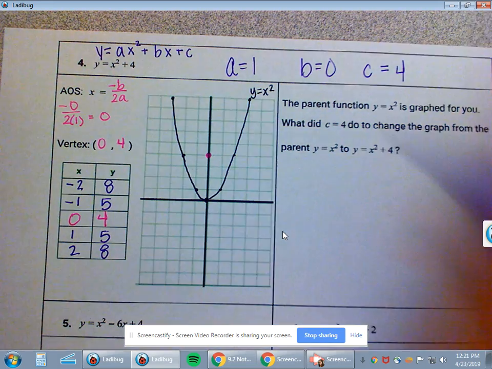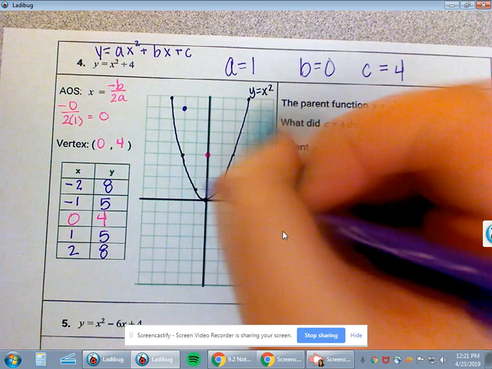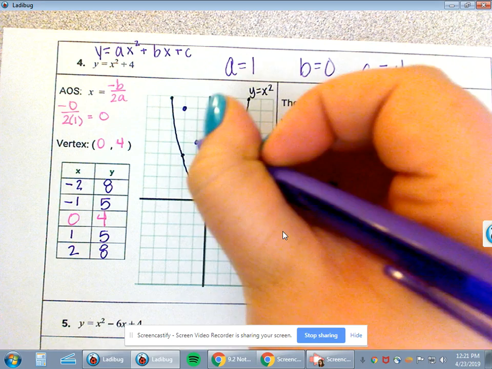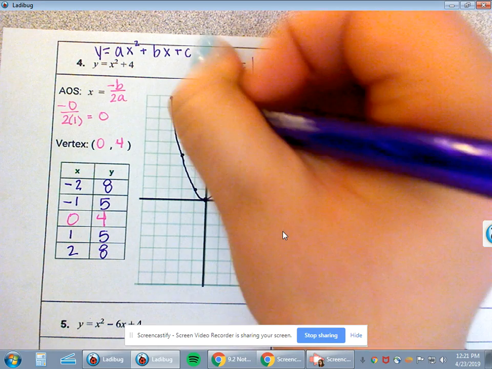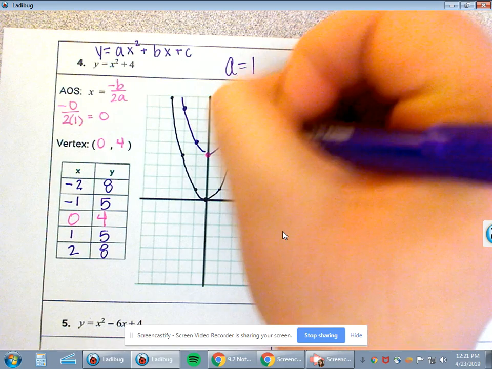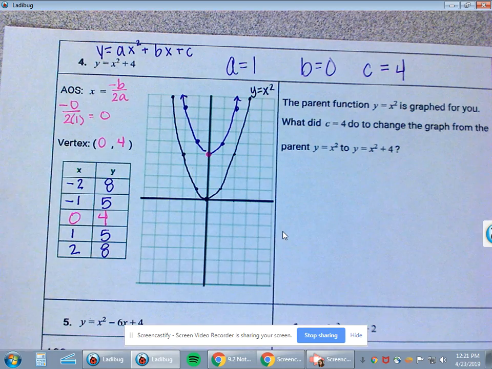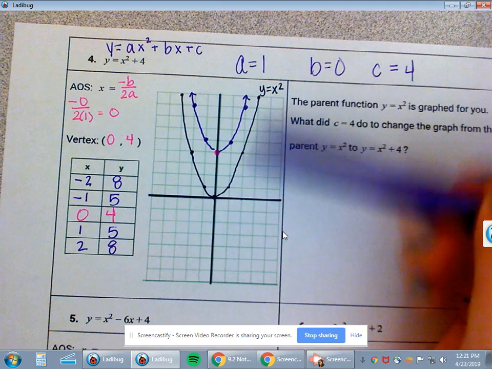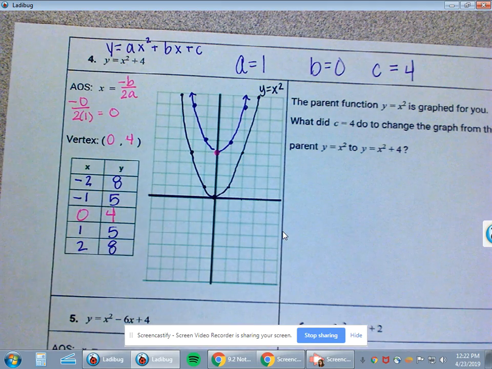Let's plot these extra points. Negative 2, 8. Negative 1, 5. 1, 5, and 2, 8. So connect your points. And it looks like what happened here, you can't really tell. This one is black and this one is purple, but we moved up 4.